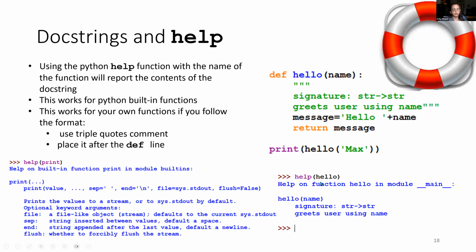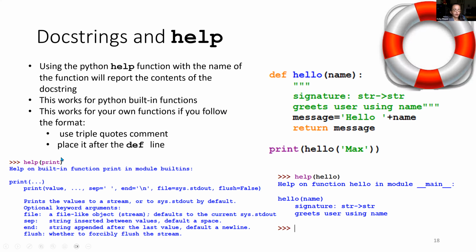You can use help with the doc string. This is a Python built-in. If you use the Python help function with the name of the function, it will report the contents of the doc string. And this is why it's important to follow the structure that we have mentioned. This works for Python built-in functions, and it works for your own functions if you follow the format.